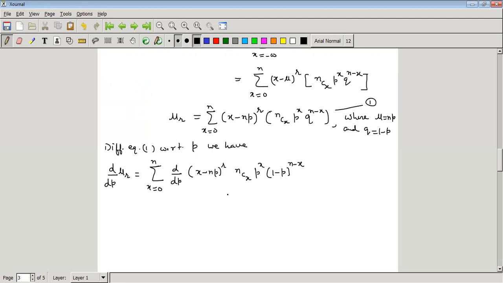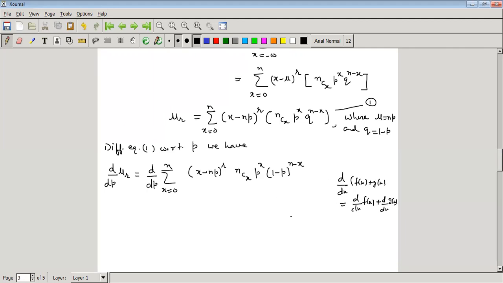So even in the first step we can write this as d by dp of the summation x equal to 0 to n, because we know that d by dx of f(x) plus g(x) is equal to d by dx of f(x) plus d by dx of g(x).